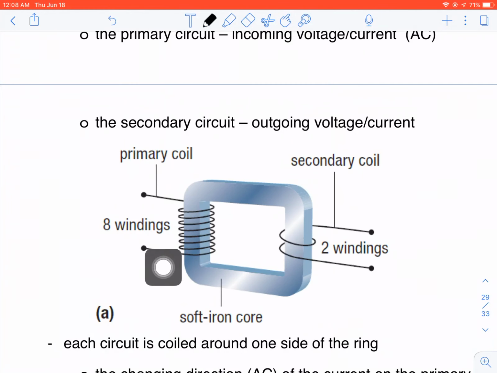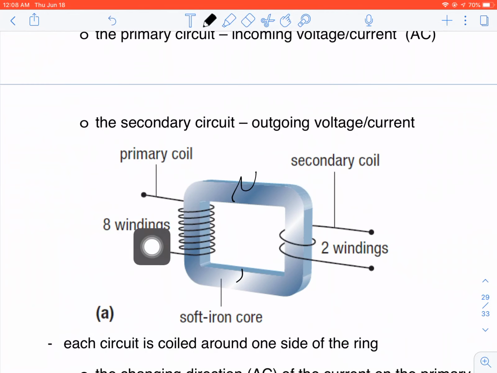It's constantly changing, but it's also changing direction. So this becomes a magnet which is going to be north and south at one point, and then it's going to become south and north when the electrons are going back the other direction. Then it's going to become north and south again. So this thing is a magnet that's flipping back and forth.